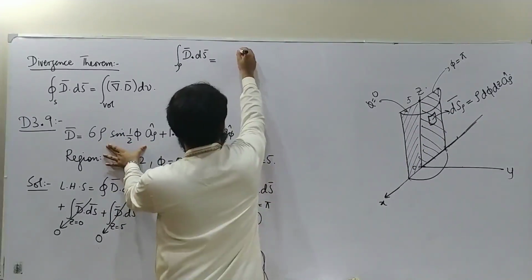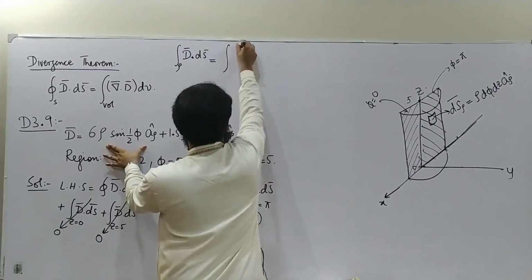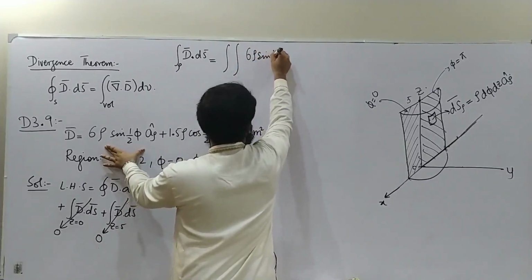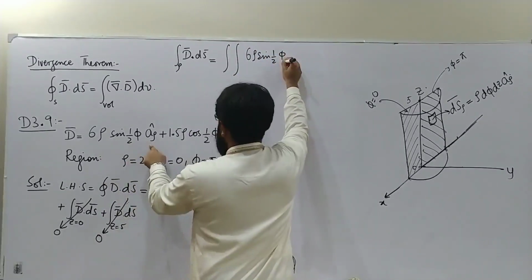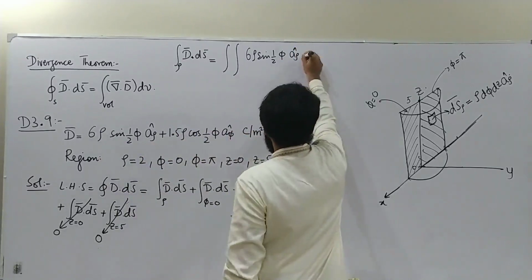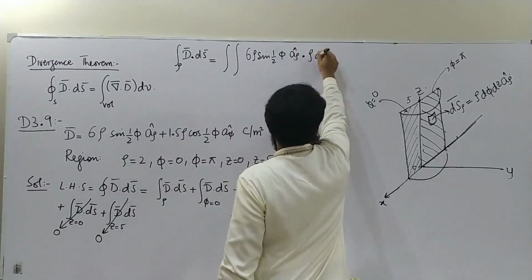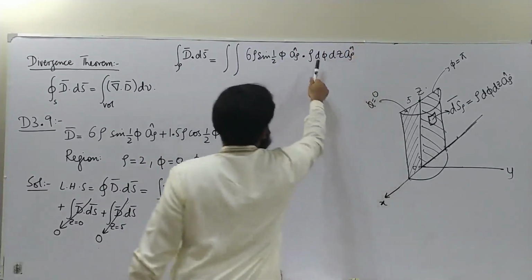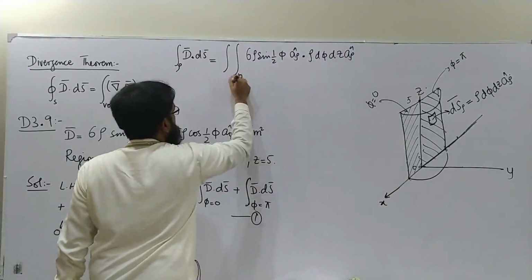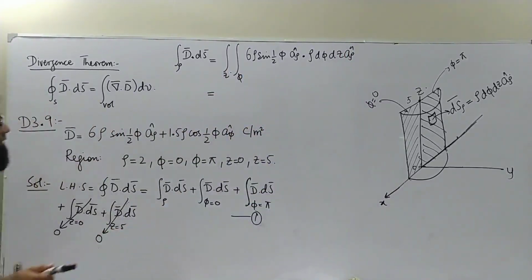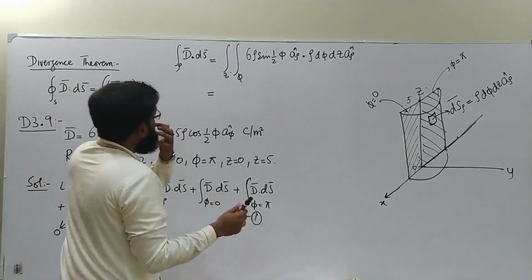So, double integral of 6 rho sine half phi a rho, dotted with rho d phi dz a rho, with limits for phi and z. Take the dot product: a rho dot a rho will be 1, only magnitudes will remain, and constants should be taken out.